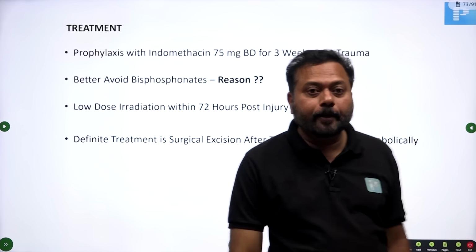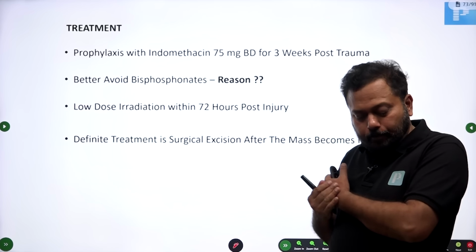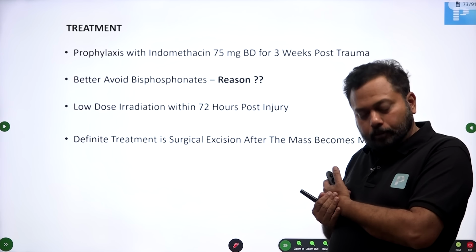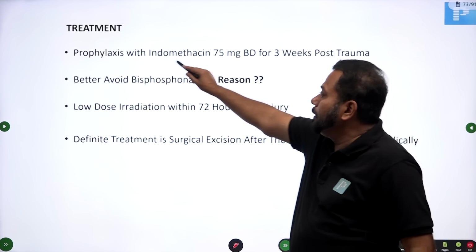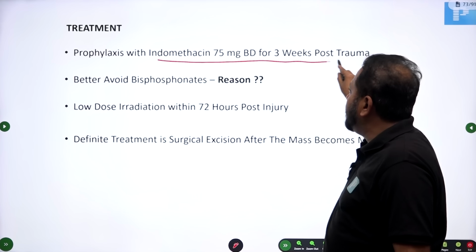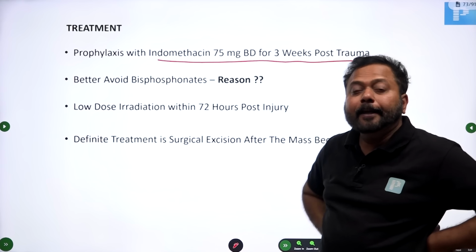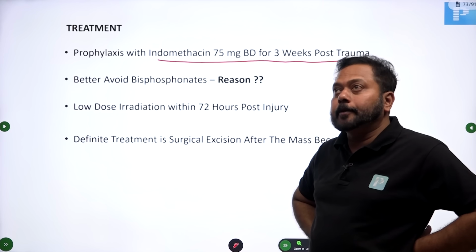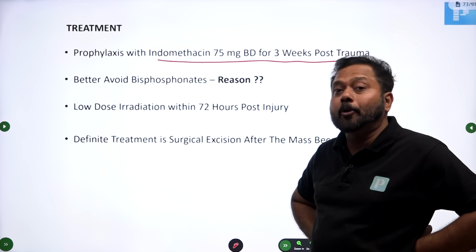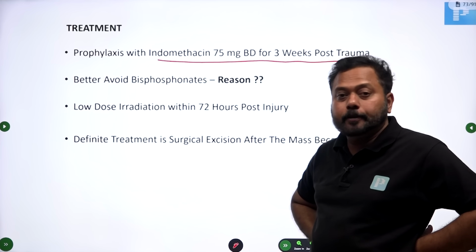Coming to treatment of myositis, first thing is immobilize. Don't move the joint. Give prophylactic indomethacin. This is the best drug, BD, for 3 to 4 weeks post-traumatic. In India, drug of choice is indomethacin. When you read the Western book, the drug of choice given for myositis ossificans is naproxen. In India, we are not using naproxen.